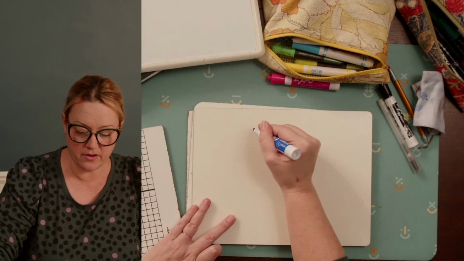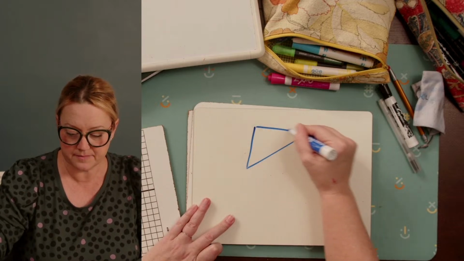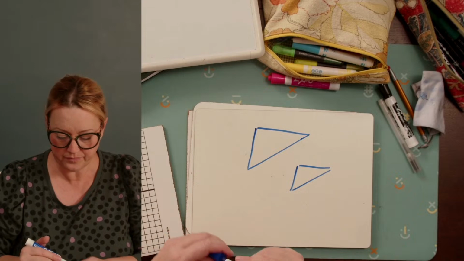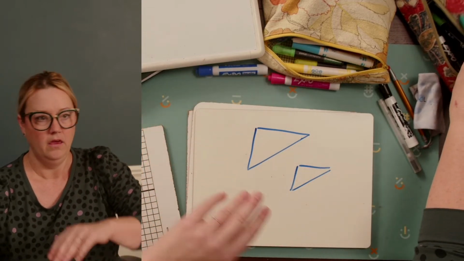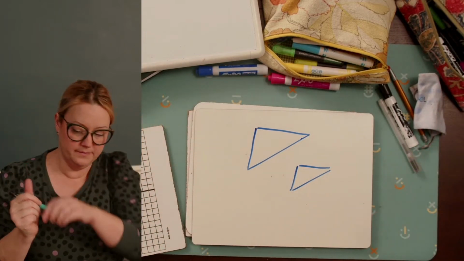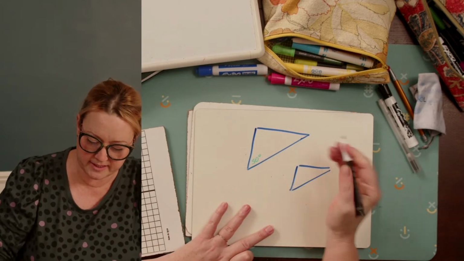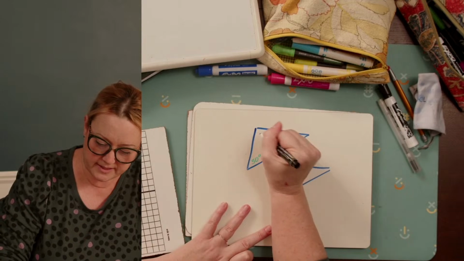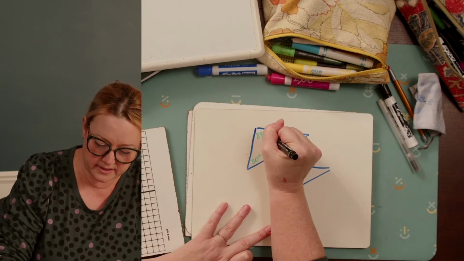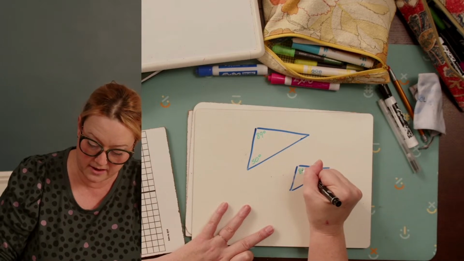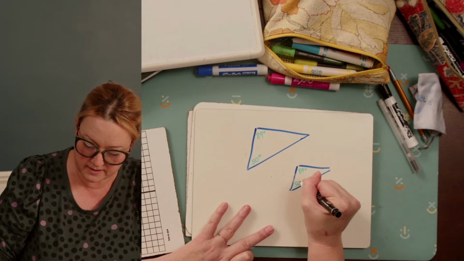With a triangle, if I've got two triangles that look like this, and I say that this is 50 degrees and this is 89 degrees, and I could say that this is 89 degrees and this is 50 degrees.